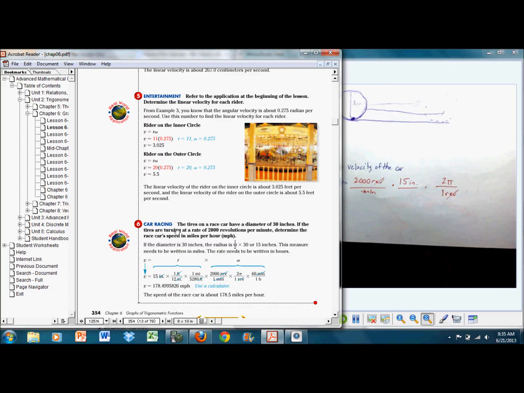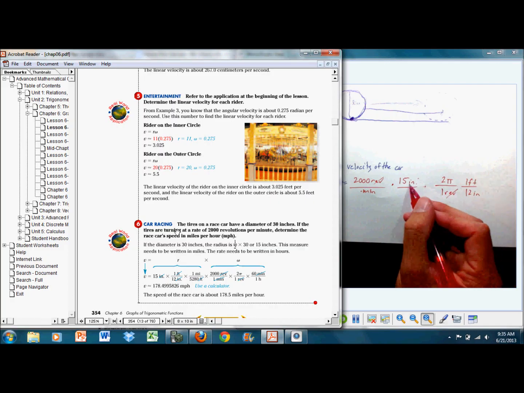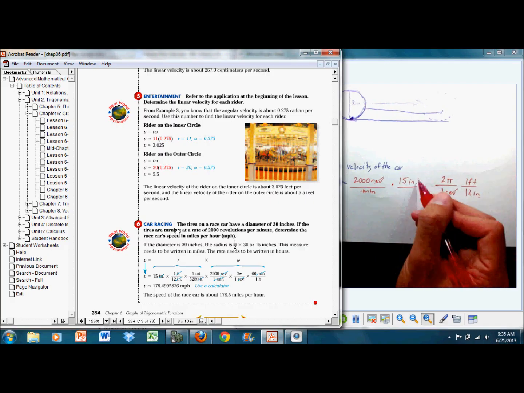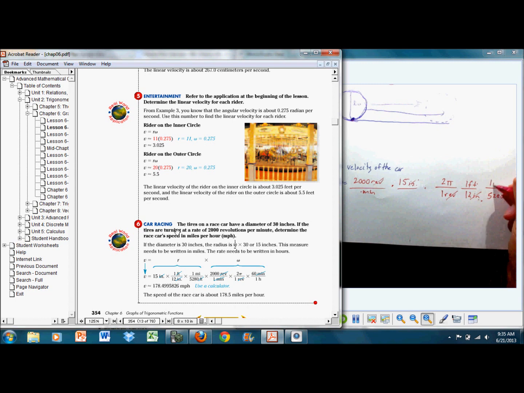We don't want inches per minute; we want miles per hour. So there's 12 inches in 1 foot. So basically, whatever's on top, I want to cancel it with the same thing on the bottom. So if I have inches up here, I want inches down here so I can cancel them. And I got to feet, and there's 5,280 feet in 1 mile.